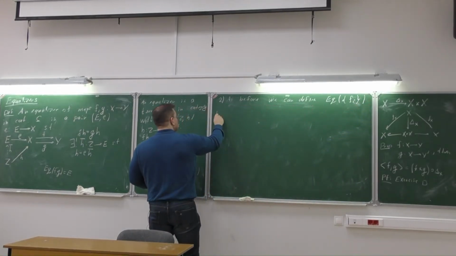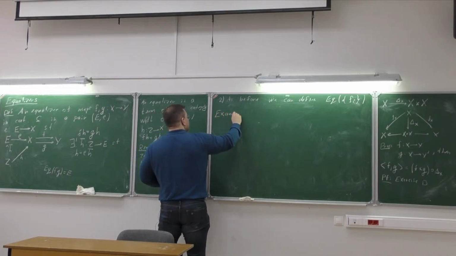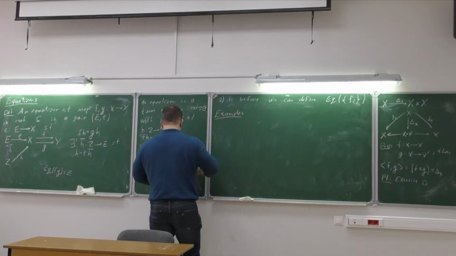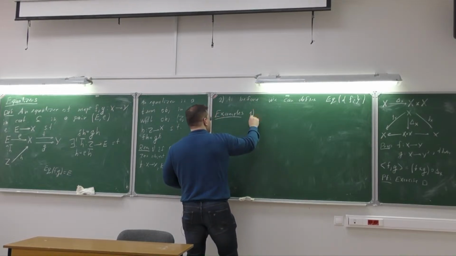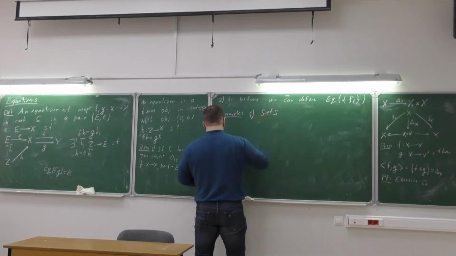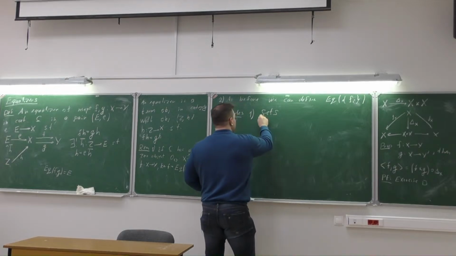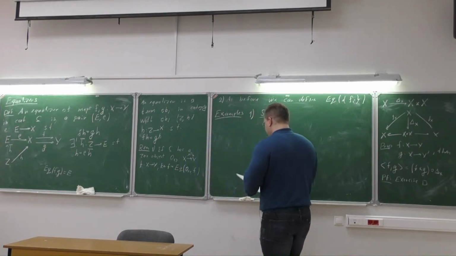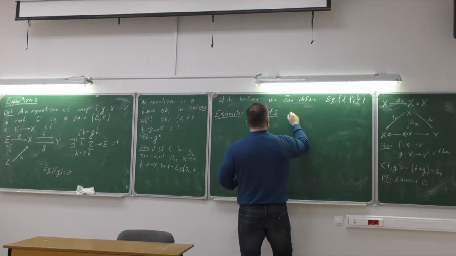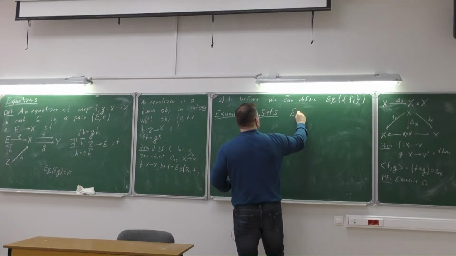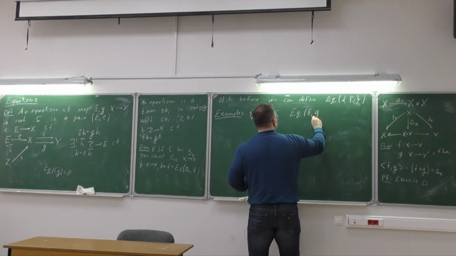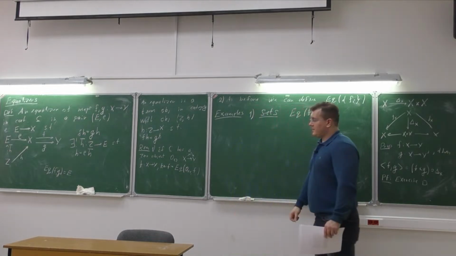Okay, so let's look at examples, and probably the most important example is in the category of sets. If you don't understand this example, you won't be able to understand any other examples of equalizers. So what is the equalizer in the category of sets for two maps F and G?